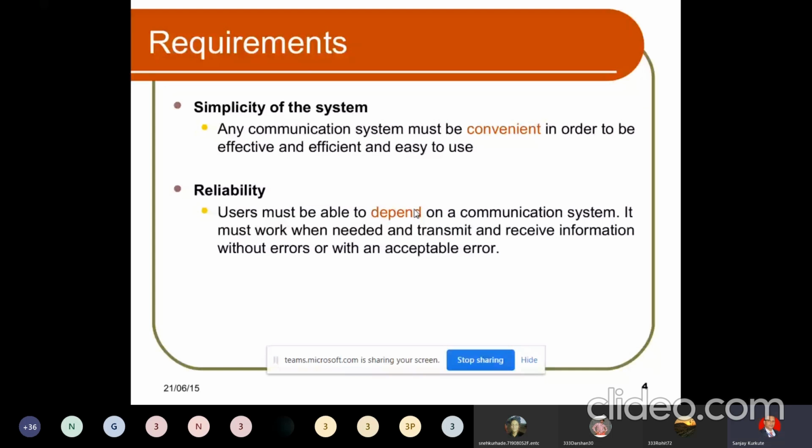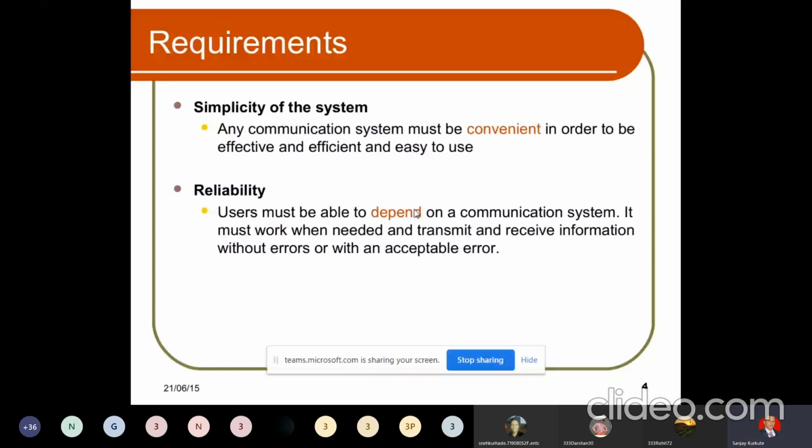A certain percentage, 10-20%, will be acceptable, but not 90%. So we have to think how much error is acceptable and how reliable the system is. We discussed rate of information transfer, and reliability we also have to consider.